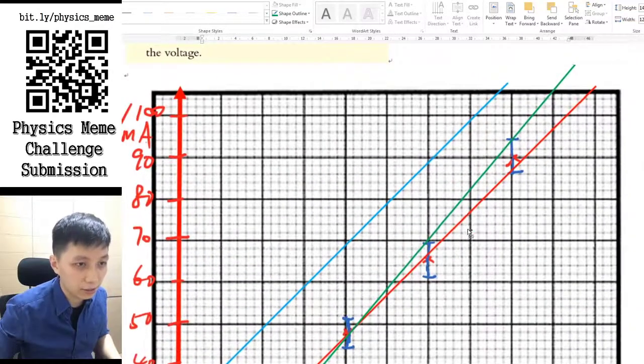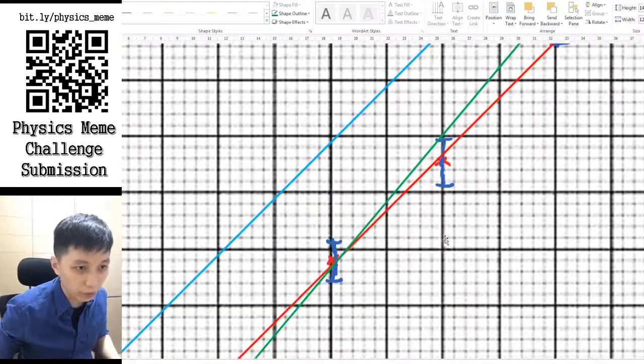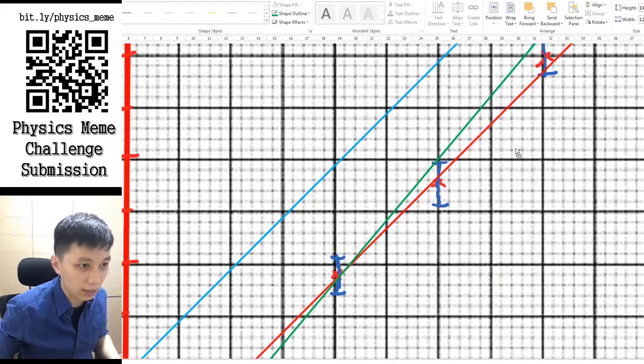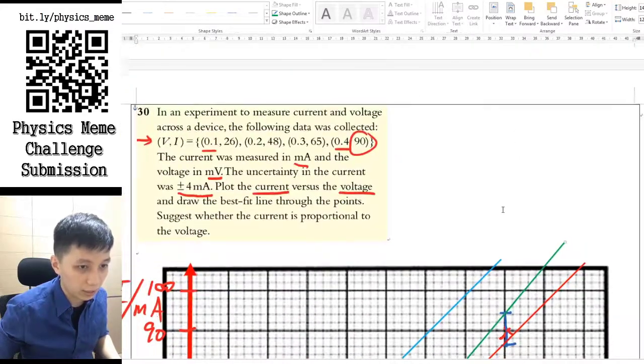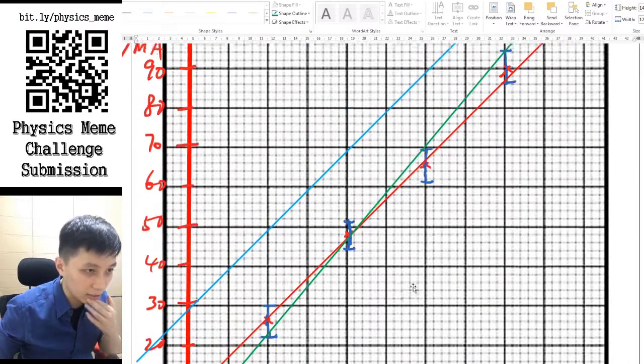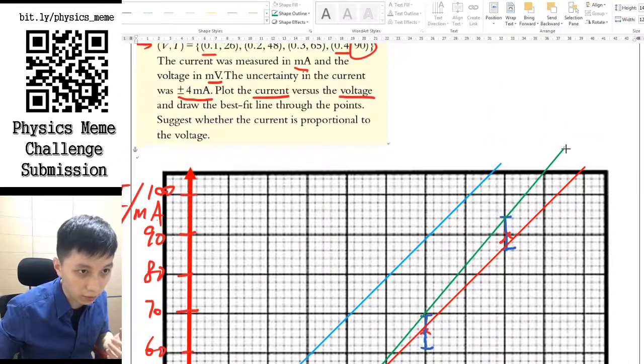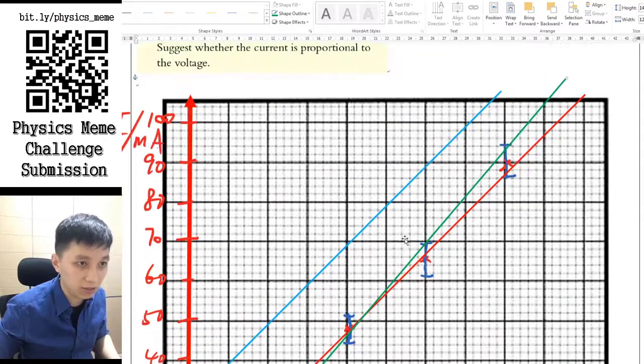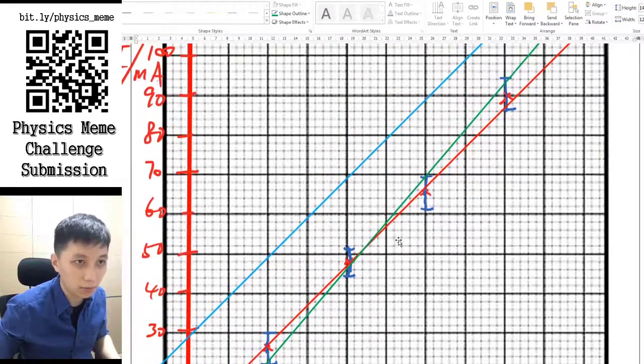If I really want to be strict, it actually doesn't pass through, because this is supposed to be 69, not 70. So I should adjust this to be more gentle, unfortunately. Probably something like this. Okay, I think this is the best we can get for the maximum line.